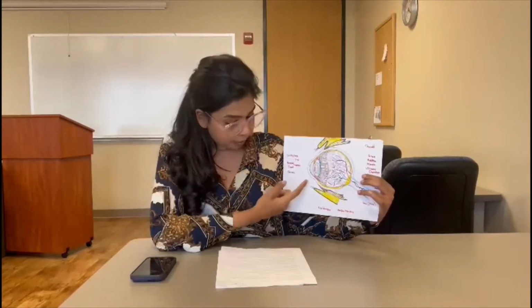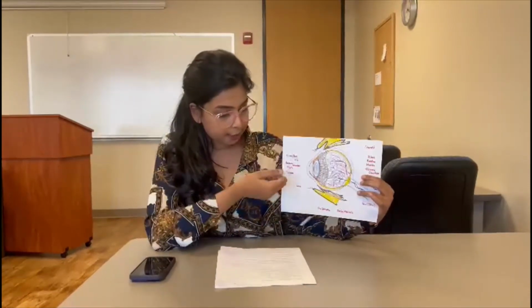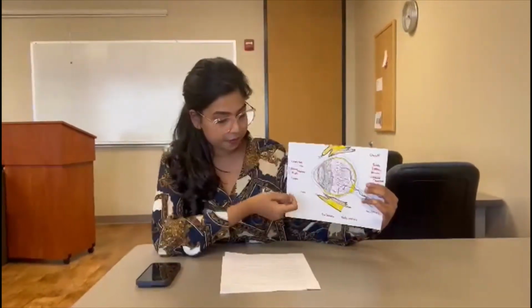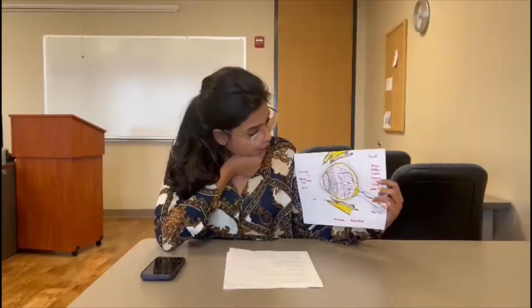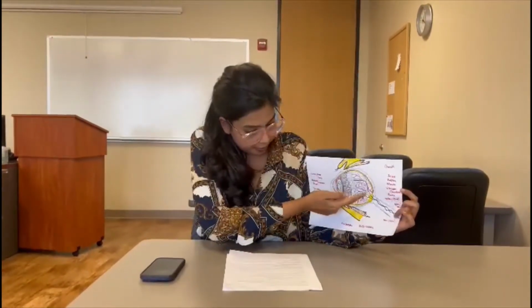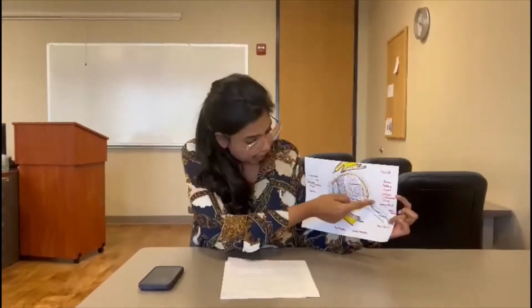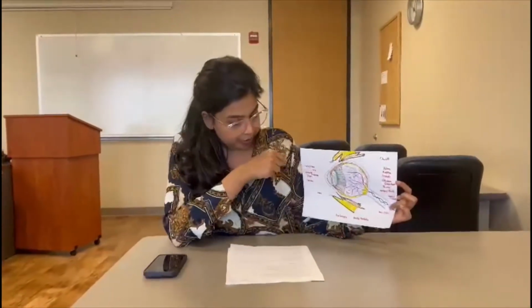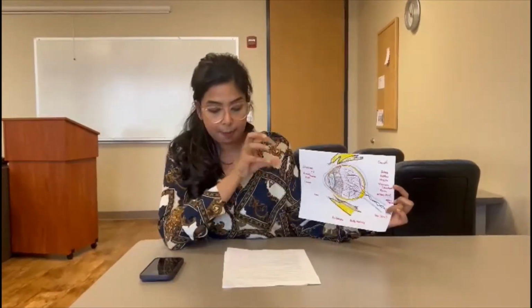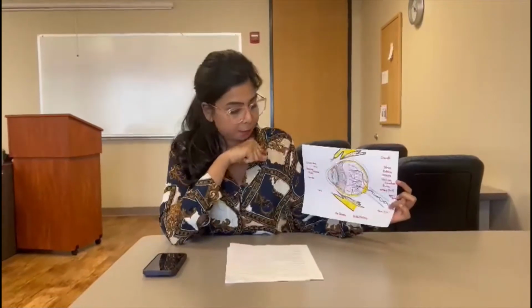Then there is the cornea right here, that is transparent and an important refractive surface of the eye. Fovea is right over there. That is a small area in the retina where cones are densely packed, helps with color vision.